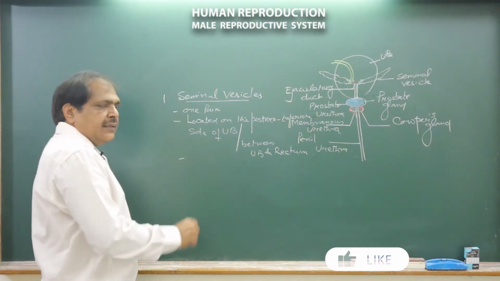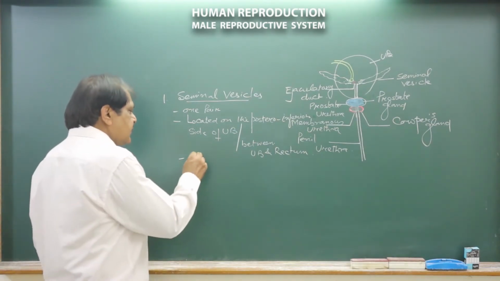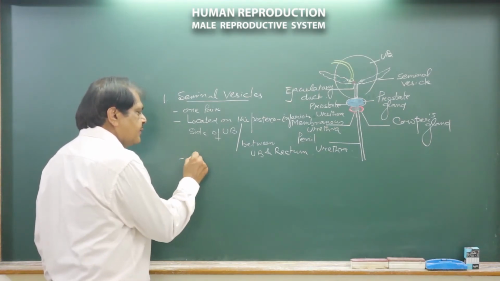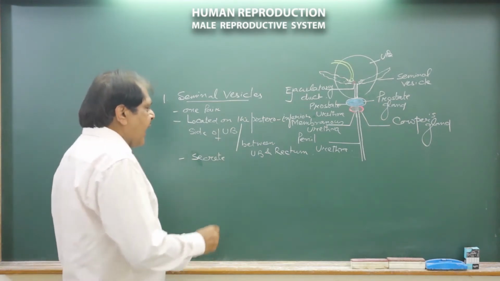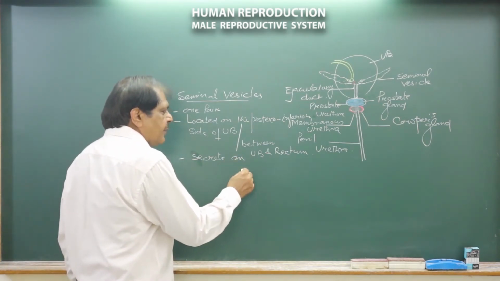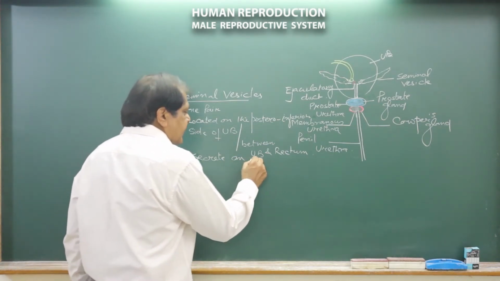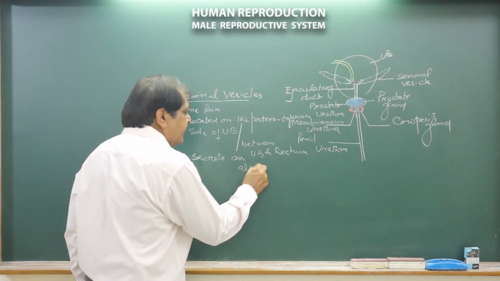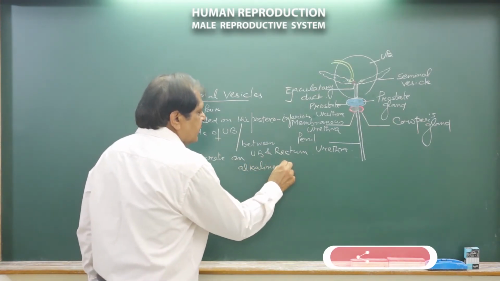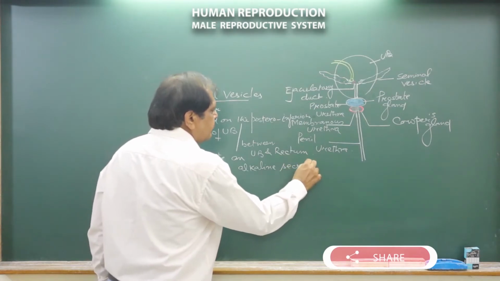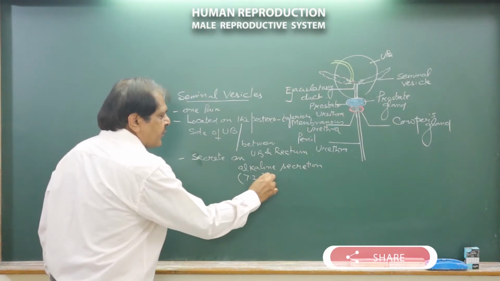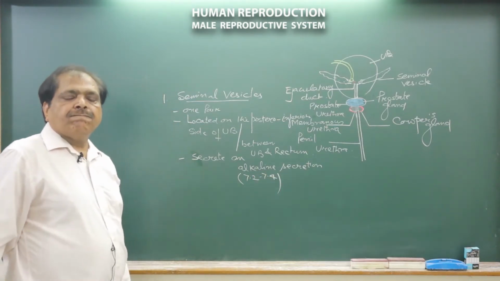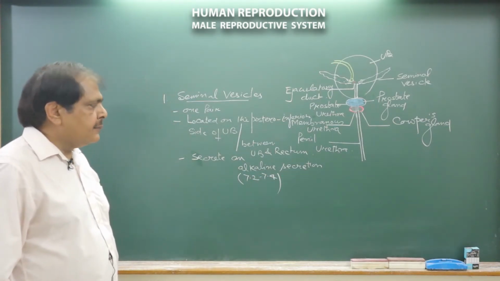They secrete a transparent, alkaline secretion. Remember, it is alkaline, the pH is 7.2 to 7.4. All secretions are alkaline.